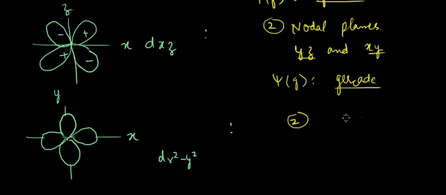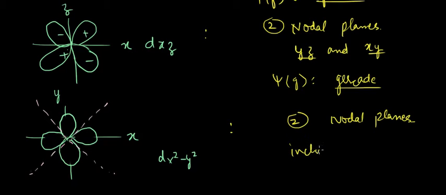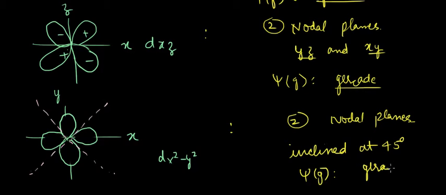We can have two nodal planes inclined at 45 degrees to each other in the same plane: this is the first nodal plane, and this is the second nodal plane. Again this would be gerade, as the number of nodal planes is even.